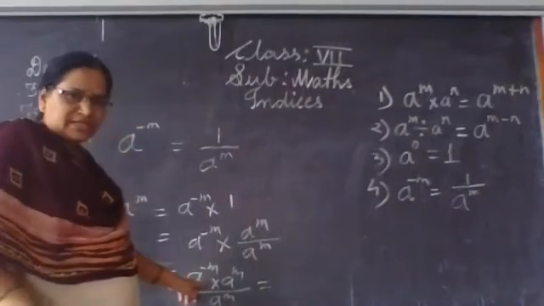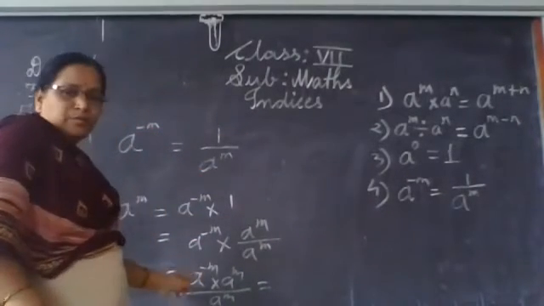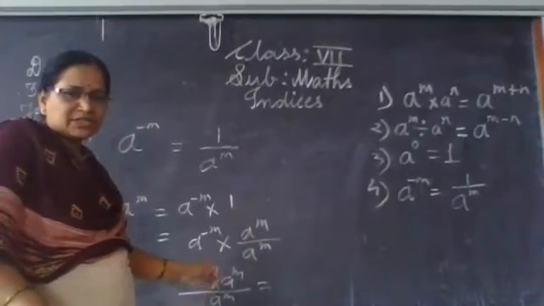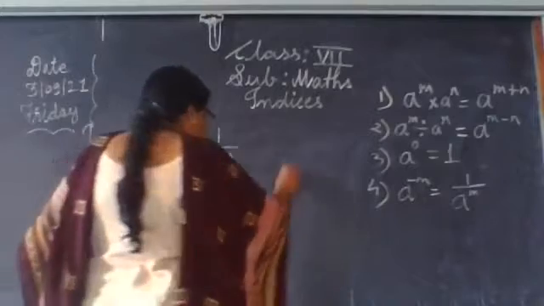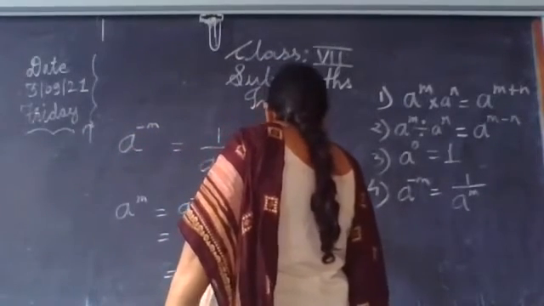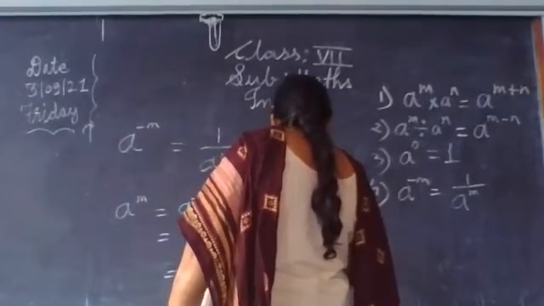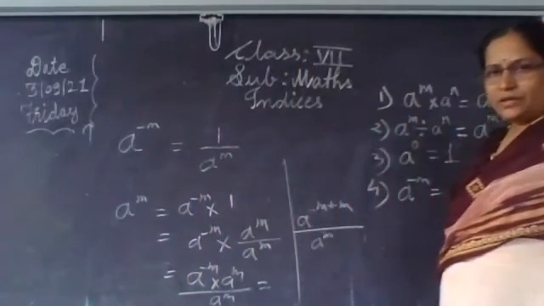So see children, here is the multiplication. See law number 1. Bases are the same, powers are different, and multiplication. So you have to add the powers. So it is what beta? A raised to power minus n plus n divided by a raised to power n.